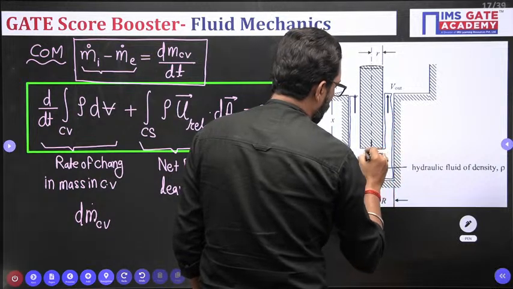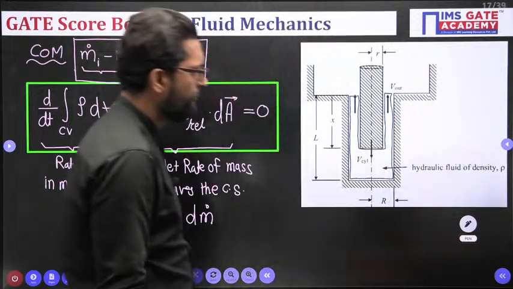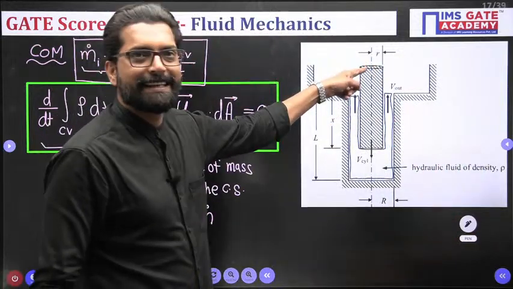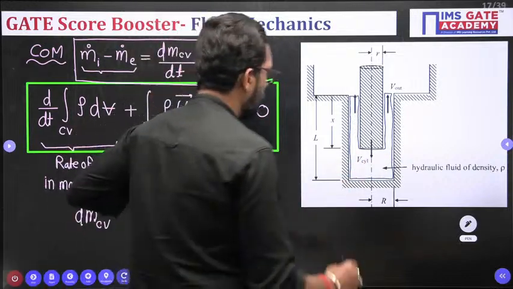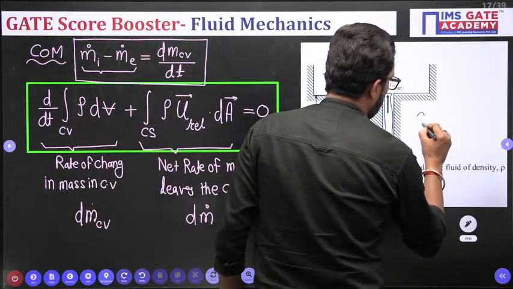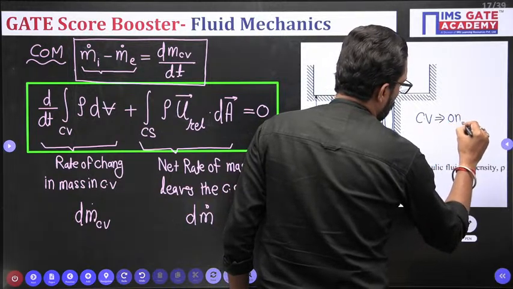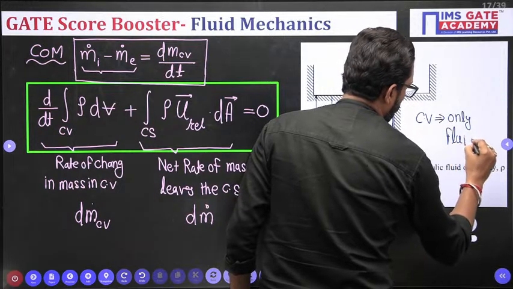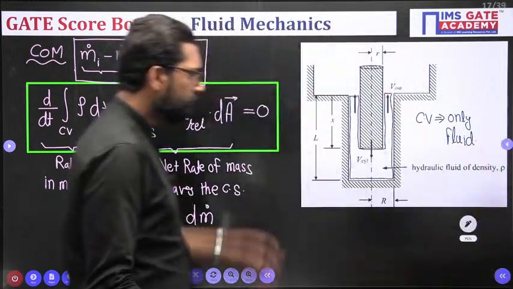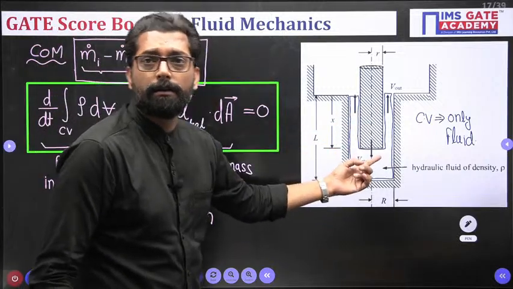We take only the fluid as the control volume. That means the cylinder is the surrounding and the fluid is our system. So we have to take only the fluid. Now this control volume is deformable.